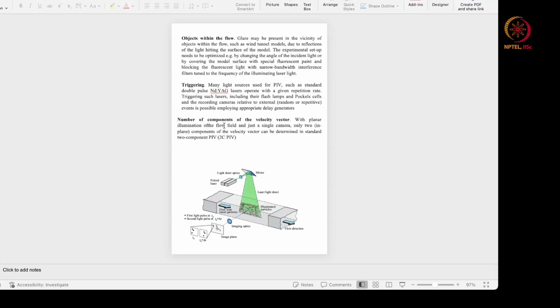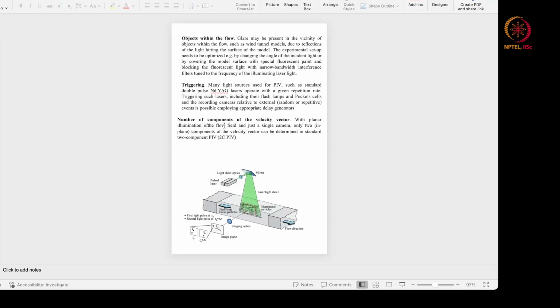Now, triggering. Many light sources used for PIV, such as standard double pulse Nd:YAG lasers, operate with a given repetition rate. Now, the triggering of such lasers, including their flash lamps and Pockels cells, and the recording cameras, is usually done by delay generators or customized timing units, which are programmable timing units, as I call it.